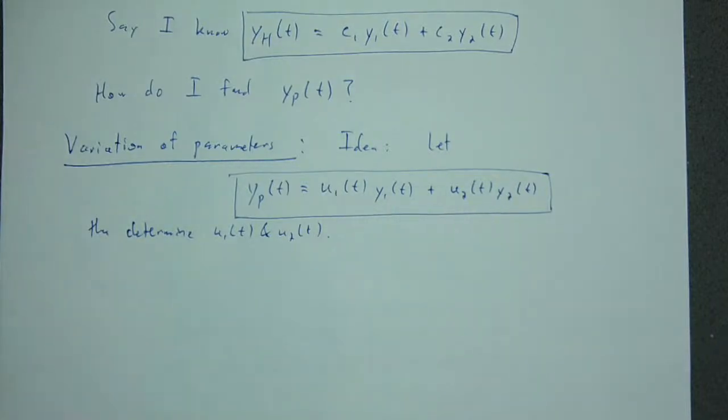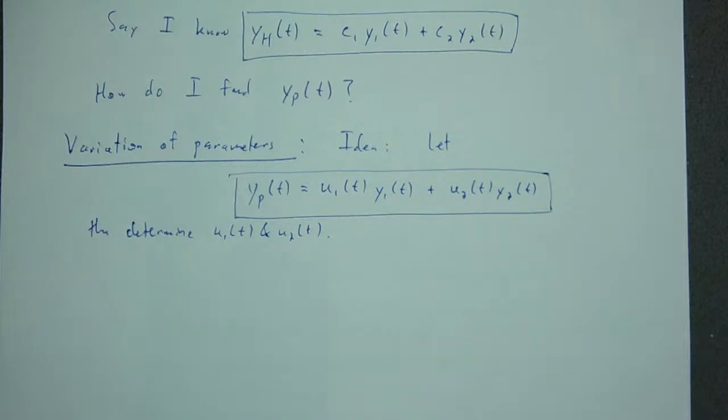So I allow them to vary with respect to t. They're no longer constants. So this is what I do. Now I can plug this in and see what these things should be.